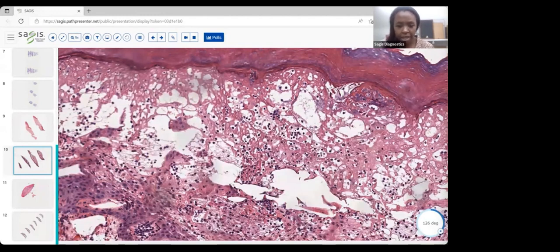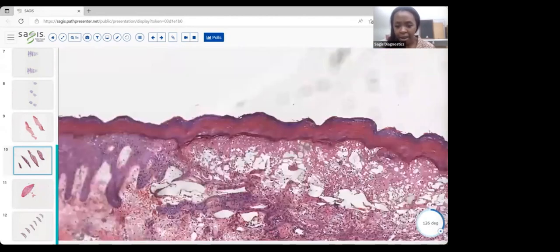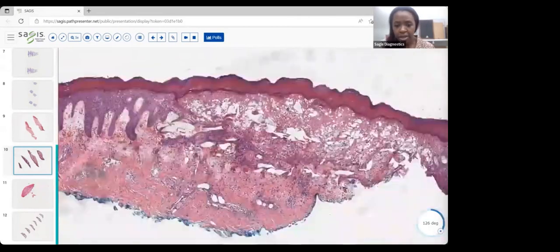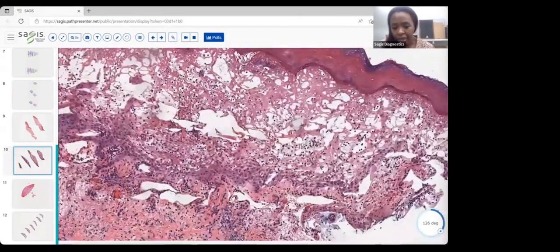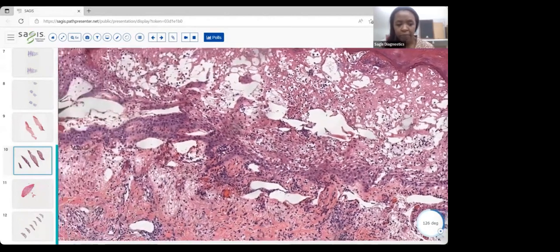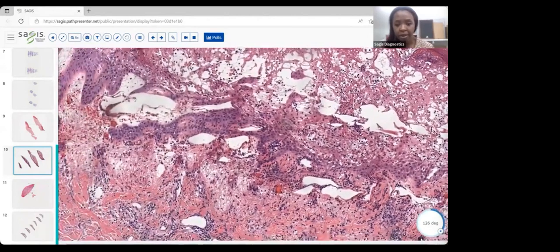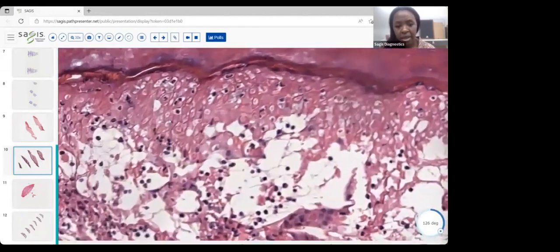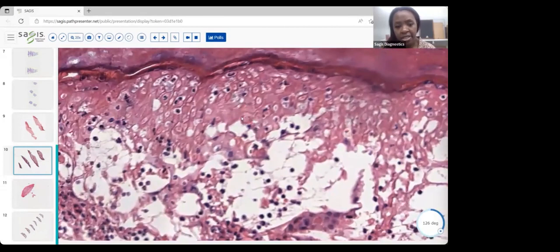We have polys just running in there and contributing to just kind of this mess that we're seeing. And at the edges, we have this kind of reticular degeneration where you have these strands of intact epidermis that are left behind.